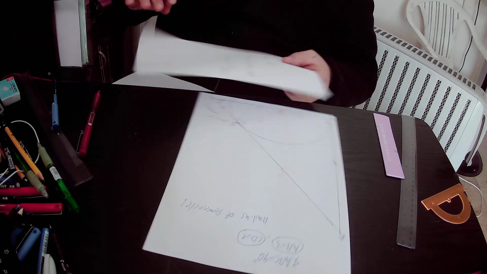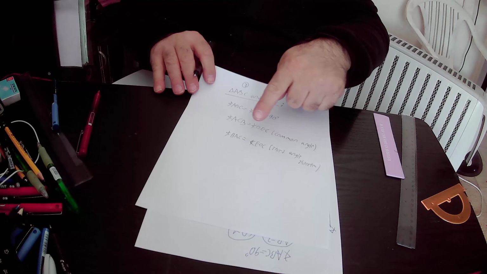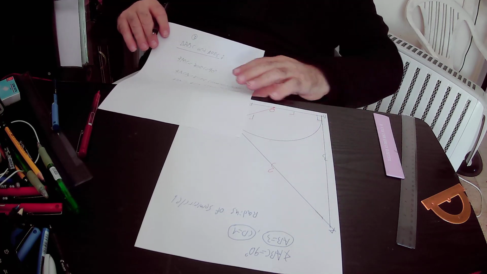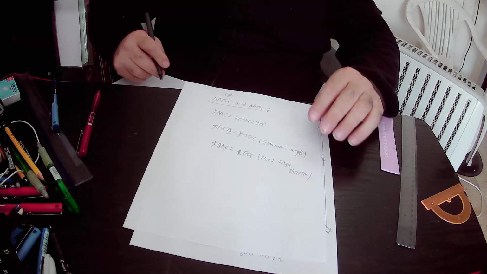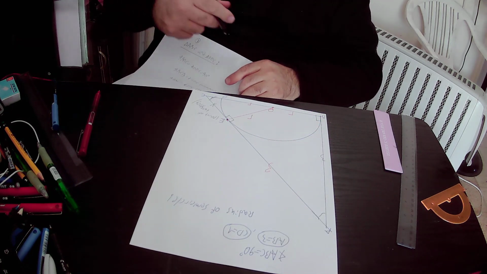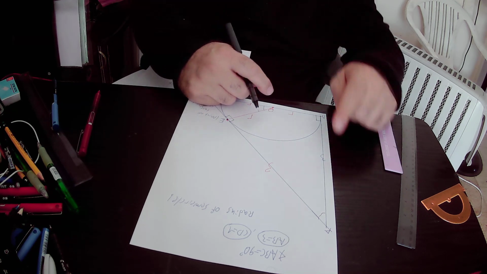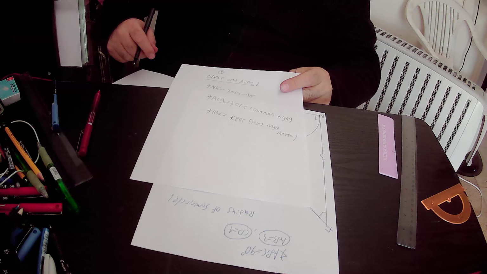I will repeat again, angle BAC of triangle ABC, this angle, equals to angle EOC of triangle EOC, this angle. So those two angles are equal to each other according to the third angle theorem.